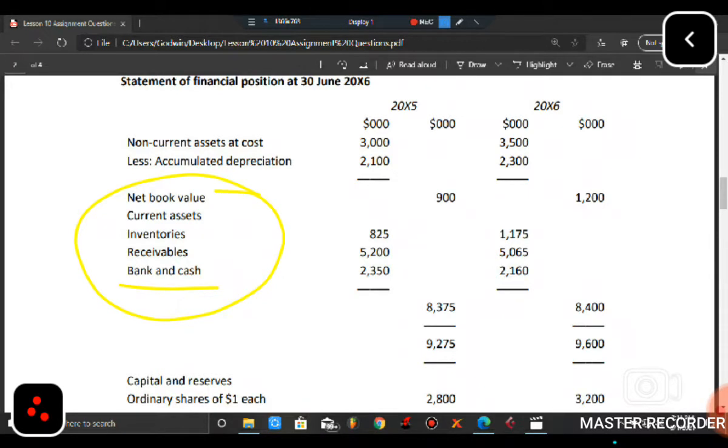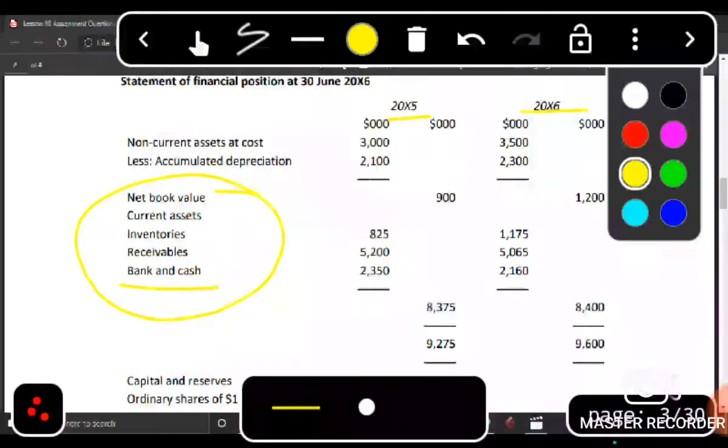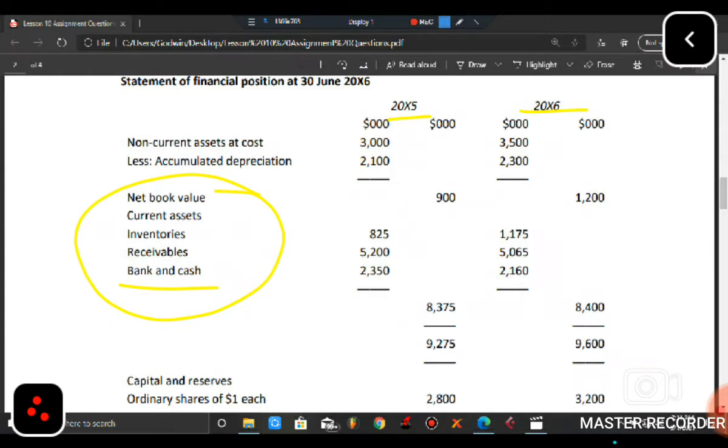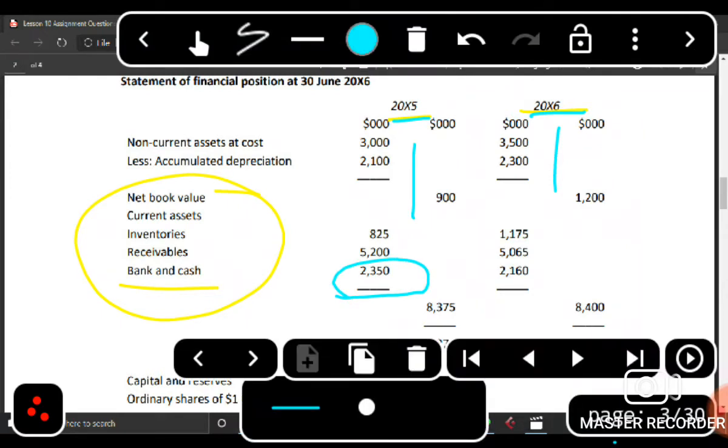Let's enter that. Now, if you check on the dates, this is 2015 and this is 2016. So these are your opening balances and these are your closing balances. So we're going to get this amount as our opening balance.